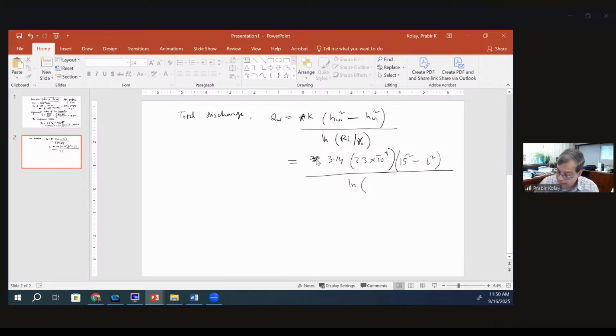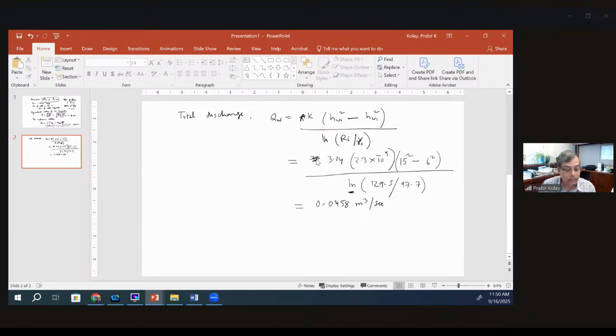Ri is already the radius of influence that we already calculated, 129.5. And R naught is the equivalent radius we calculated already, 97.7 meter. The only thing is the ln is base e. So you can calculate that. How much is the discharge? If you calculate, this will be 0.0458 meter cube per second.